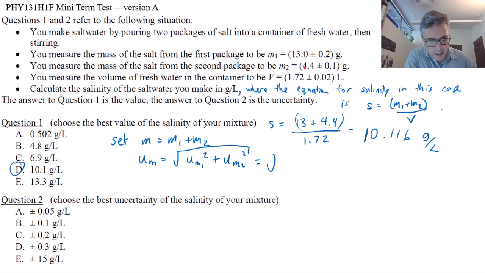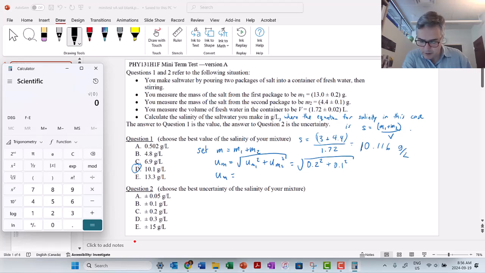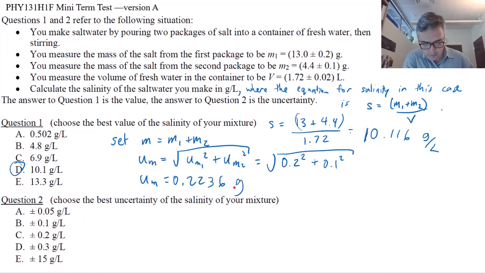So you just get 0.2 squared plus 0.1 squared, square root. Uncertainty in the mass is equal to square root of, open bracket, I got 0.2 squared plus 0.1 squared equals 0.05, take the square root of that, and I got 0.2236, and that's going to be in grams.